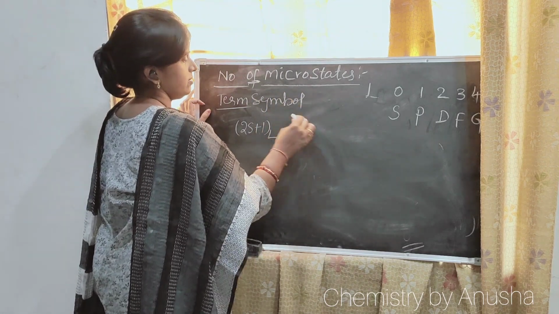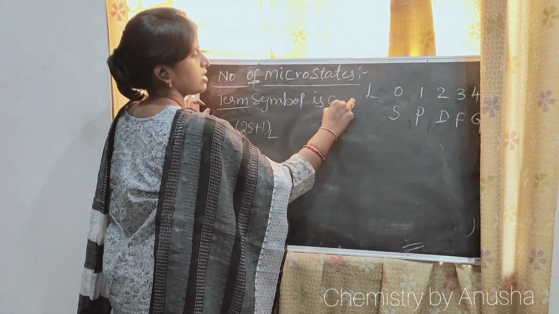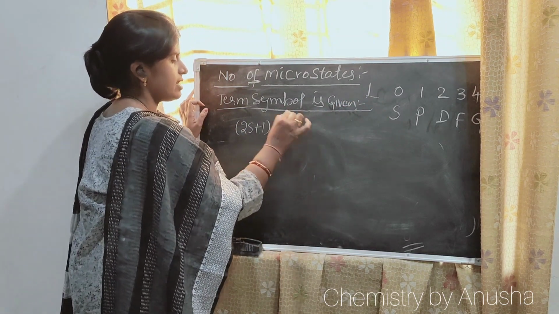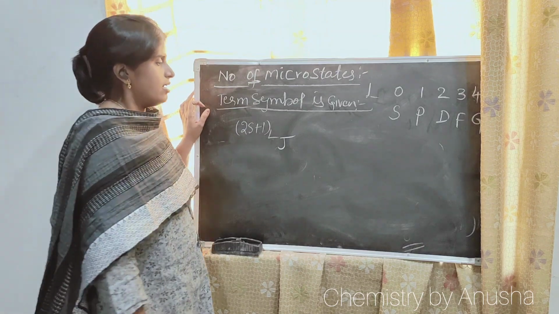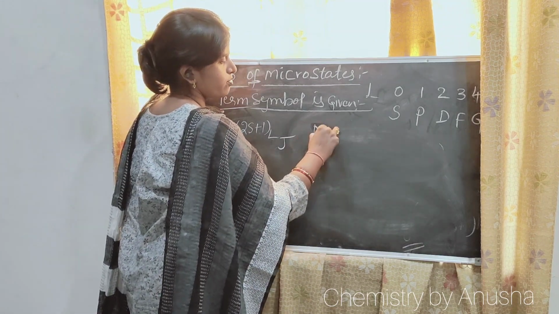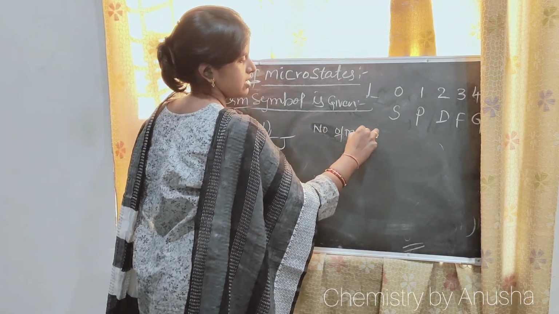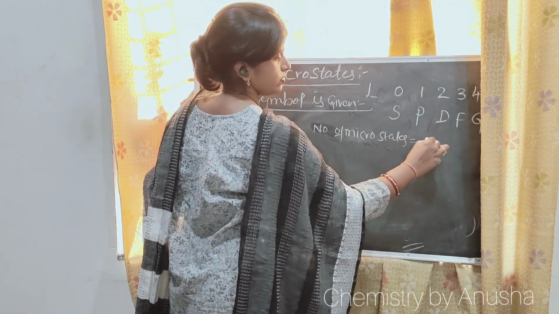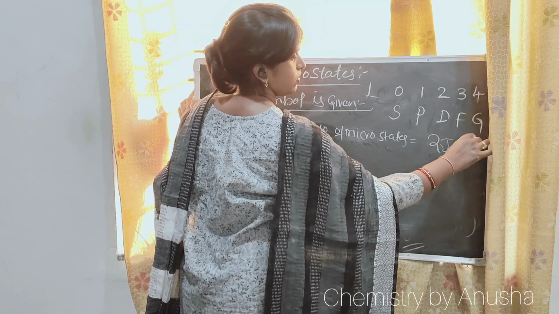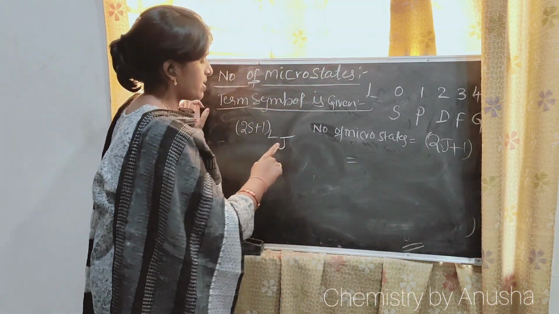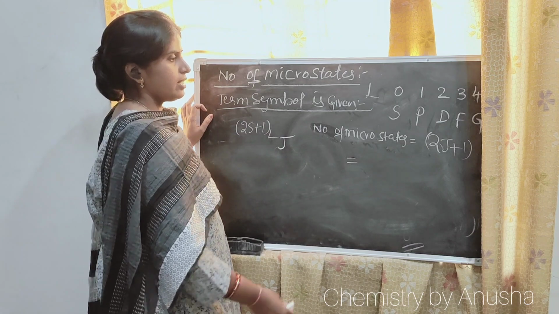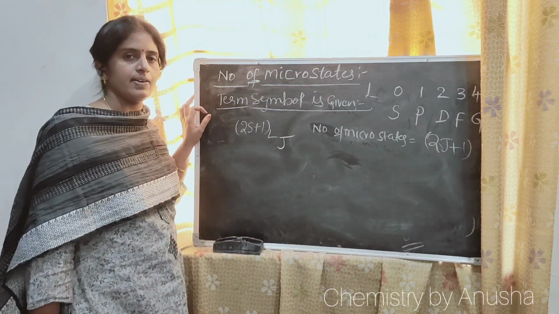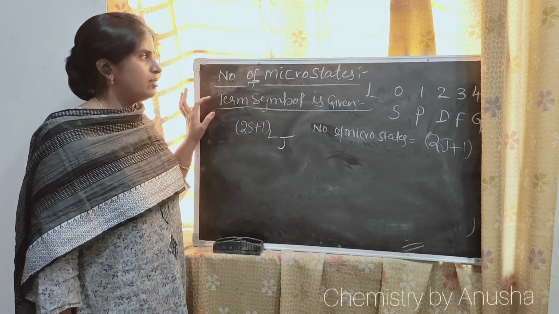Then the number of microstates is equal to 2 into J plus 1. So we can directly use this formula, 2J+1, to calculate the number of microstates.